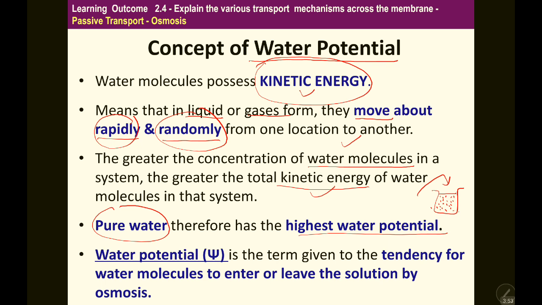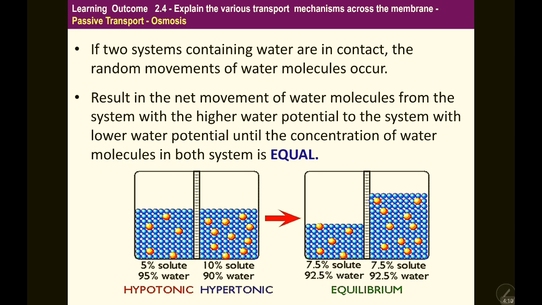Water potential is given as the tendency for water molecules to enter or leave a solution by osmosis. Tendency means the ability of the water to enter or leave by osmosis.